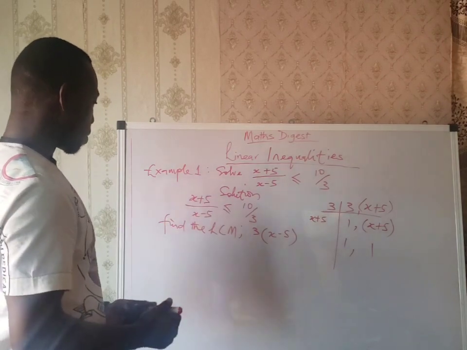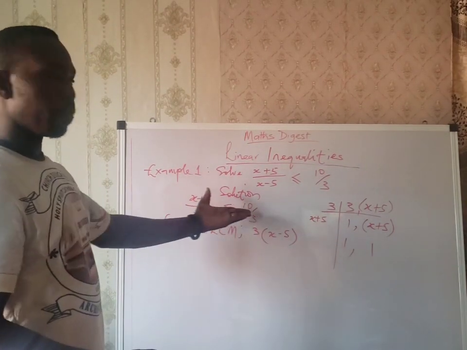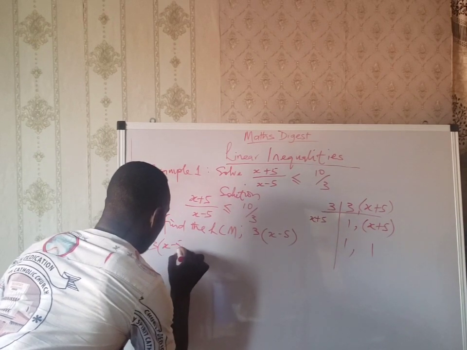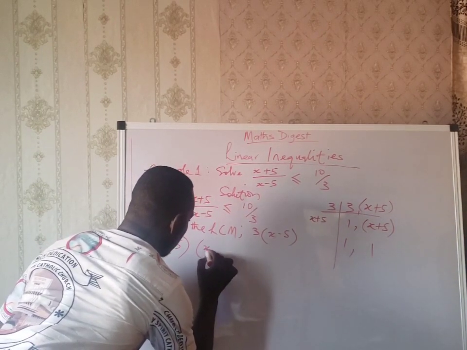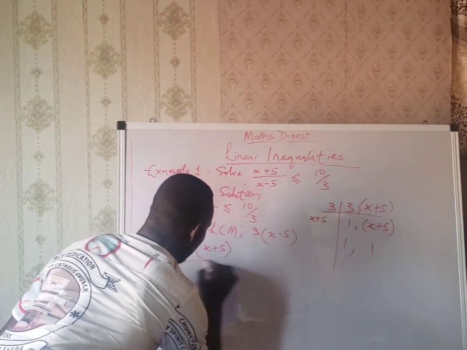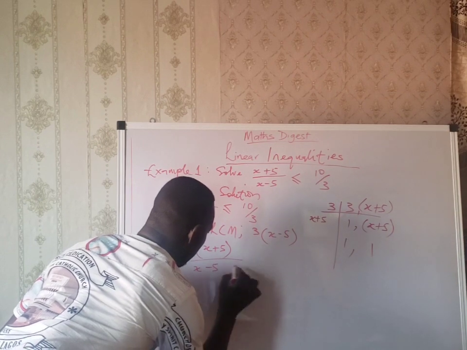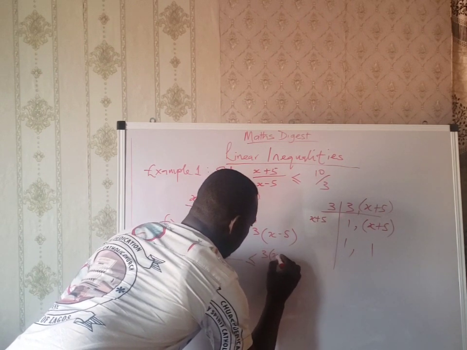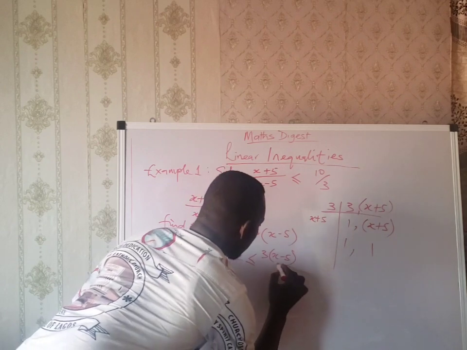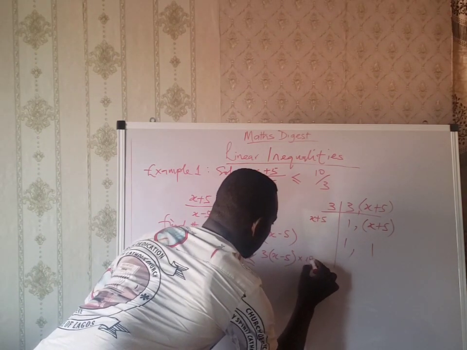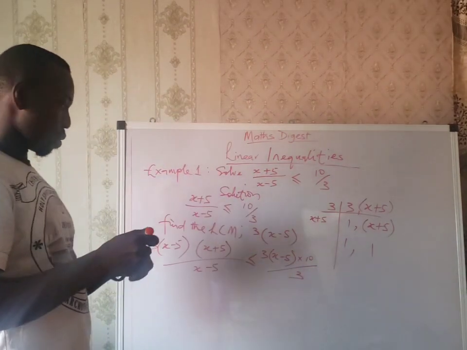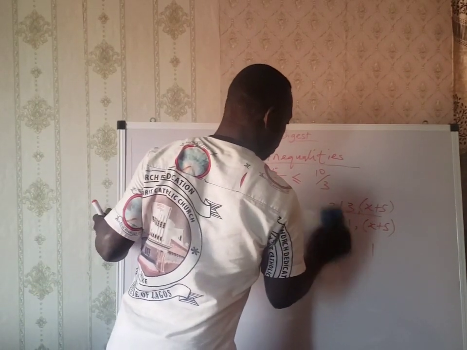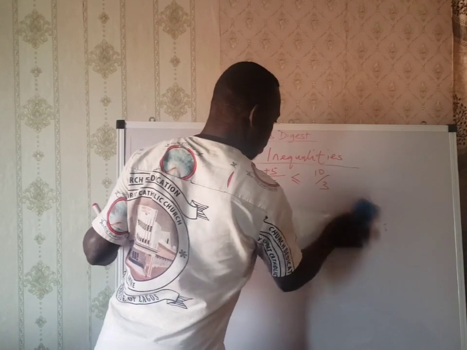Now we use this to multiply both sides of the inequality.